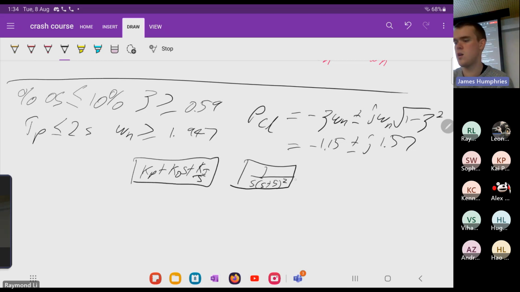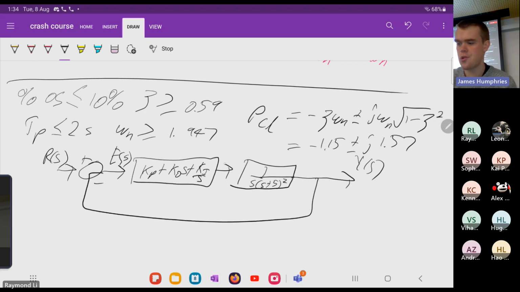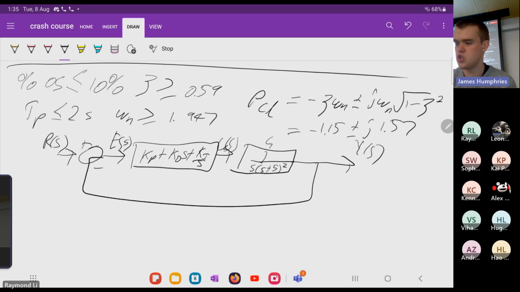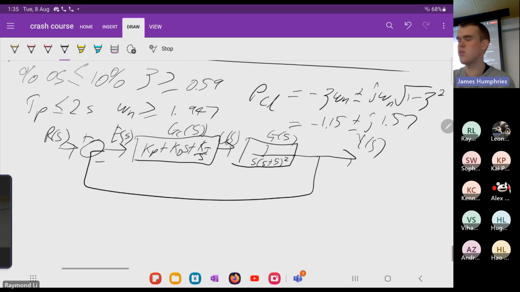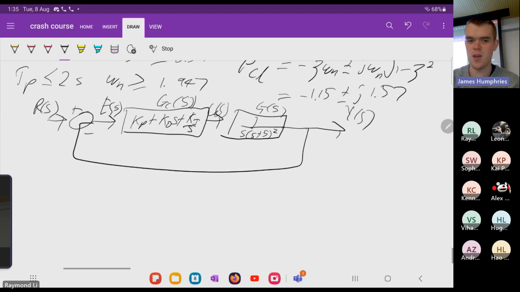Happy with that? And then it feeds back around: Y of S, R of S plus and minus E of S, U of S, and this is G of S, C of S. So you can see quickly why it's handy to have notation, otherwise it's an absolute nightmare.